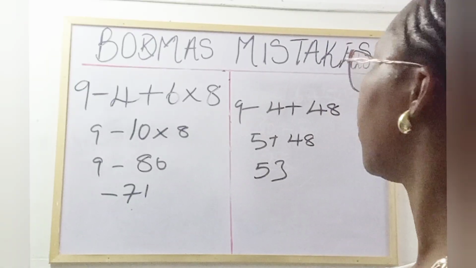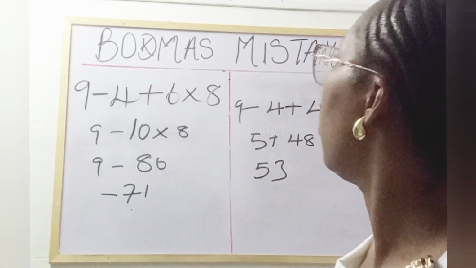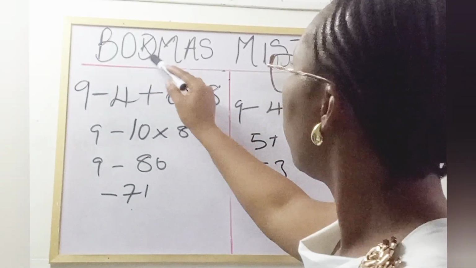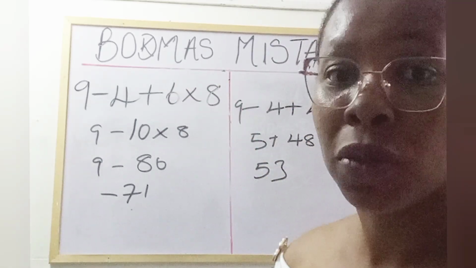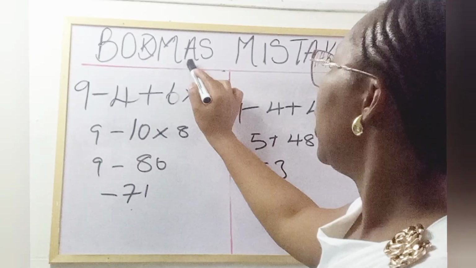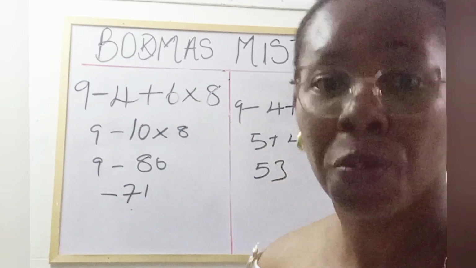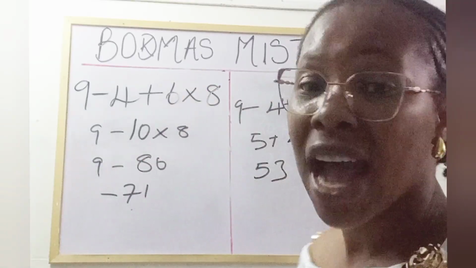First of all, according to our BODMAS, it says that you have to first of all multiply, add before you subtract. But remember the trap. Addition and subtraction has equal priority.